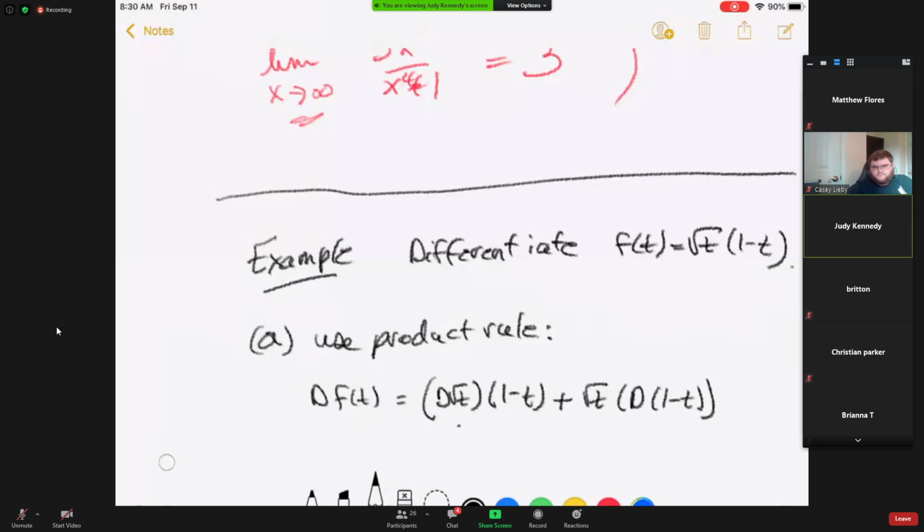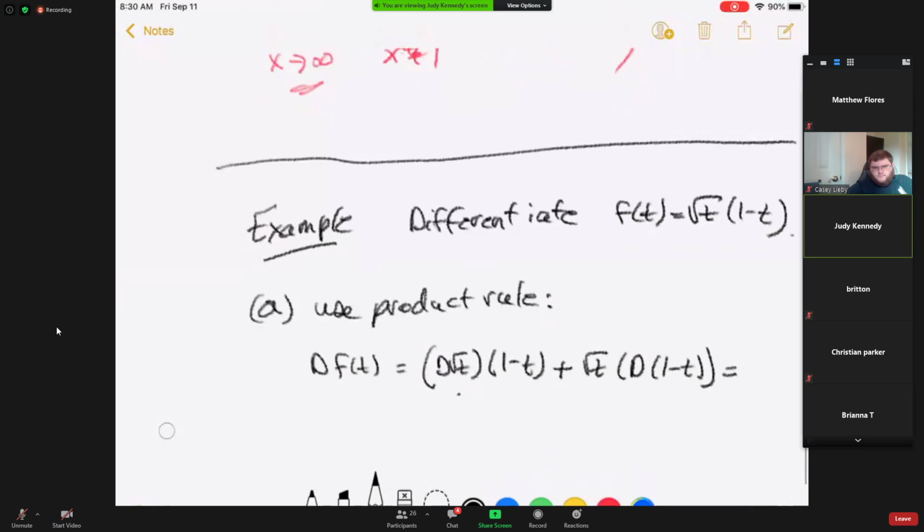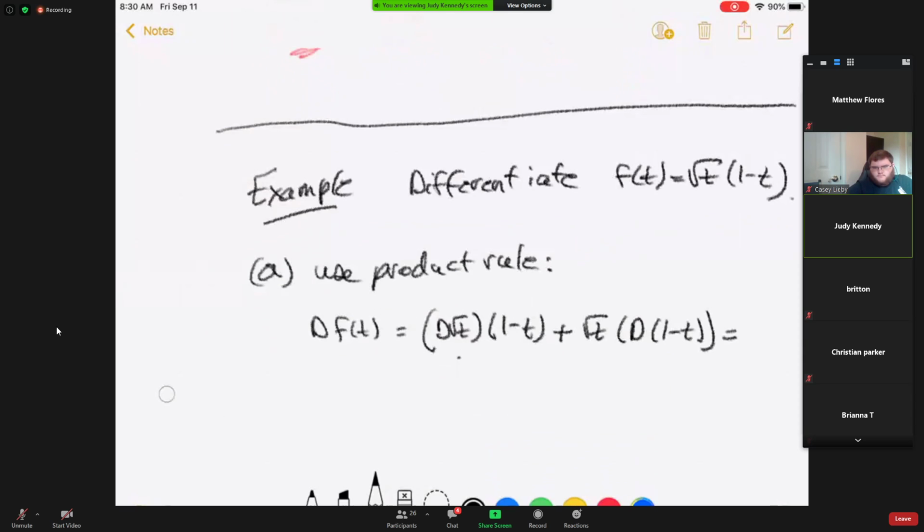Okay. It helps to write square root of t as t to the 1/2. Make absolutely sure that I know where my derivative part ends.